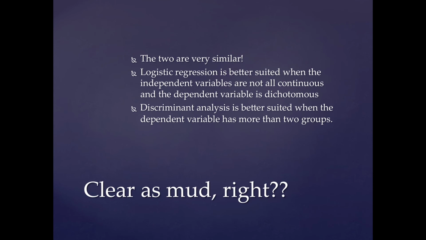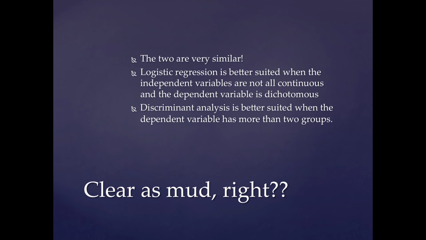So if you have an output, a response variable, a dependent variable that's dichotomous, and your predictors come in all shapes, forms, and sizes, and all it takes is one that's not continuous, then logistic regression is the tool.